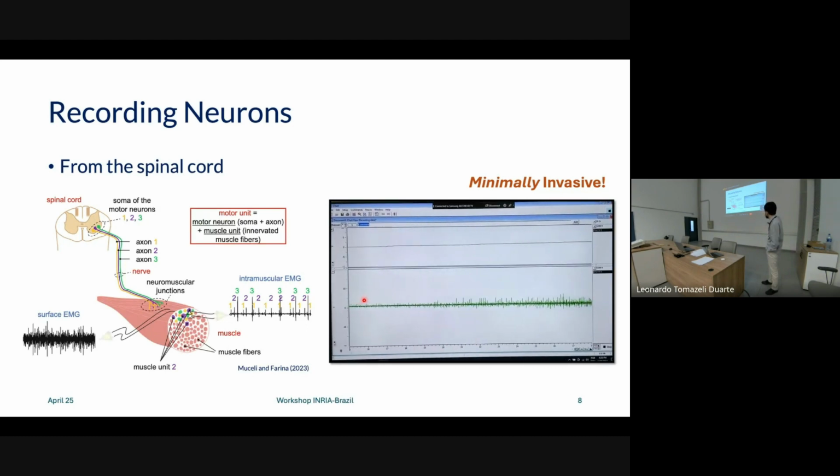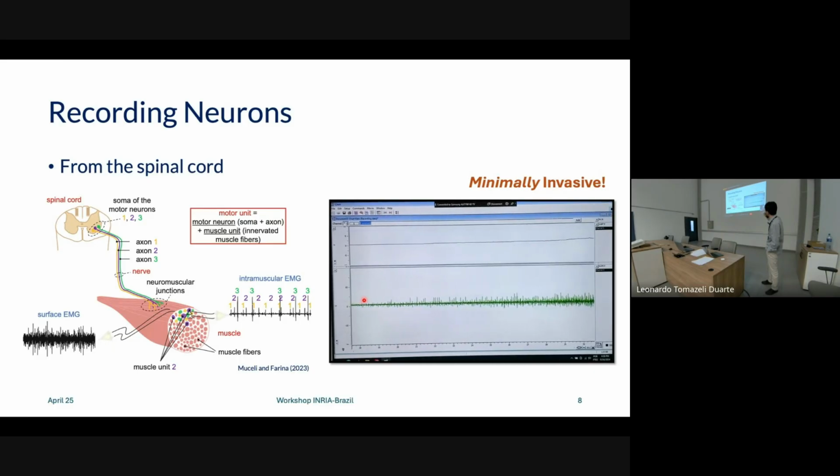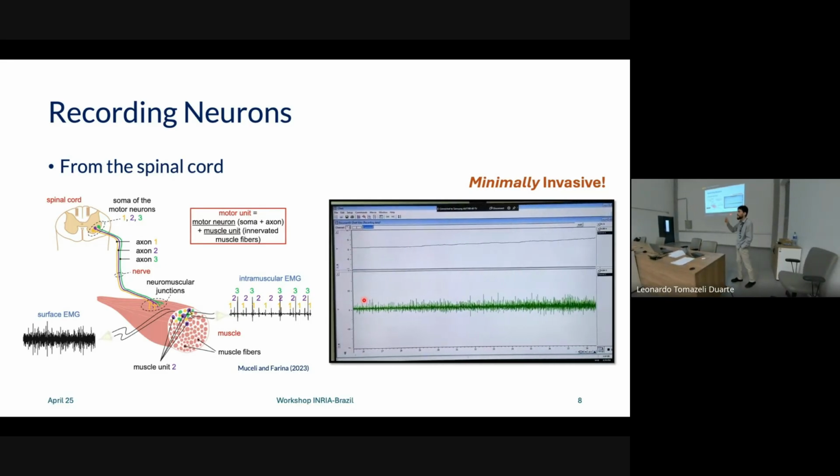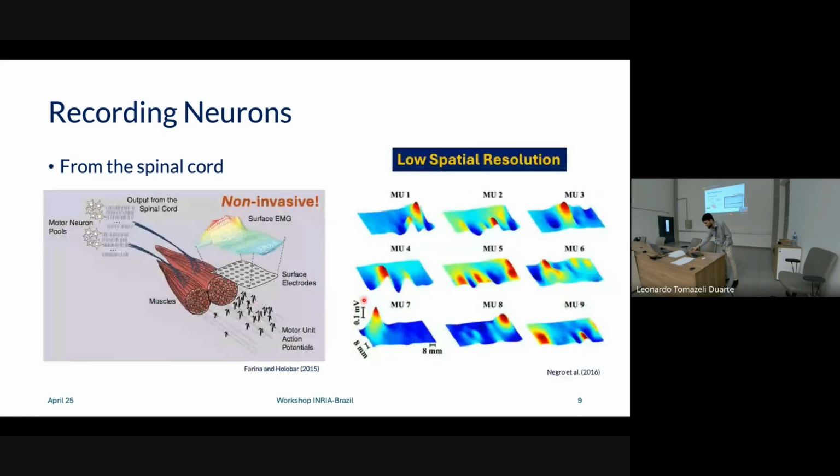I don't know if you can hear in the chat room, but those spikes in the beginning of the recording are action potentials from neurons that are discharging at the spinal cord of a human subject. With a minimally invasive technique, we can record this activity using a single channel, a single pair of electrodes inserted into the muscle. This is the so-called intramuscular EMG.